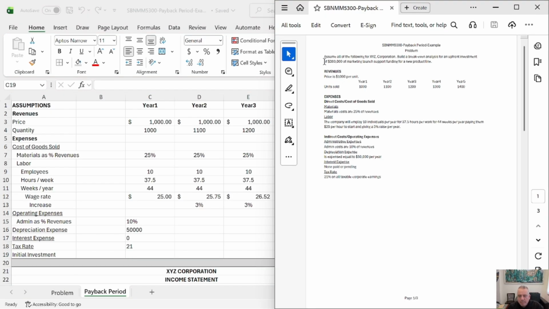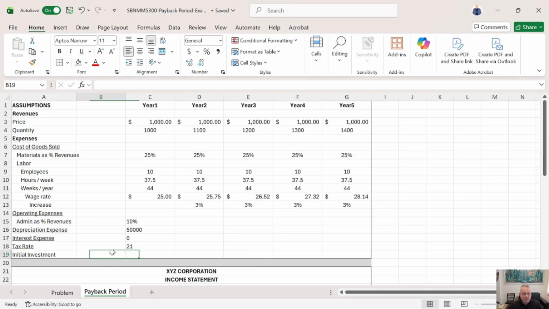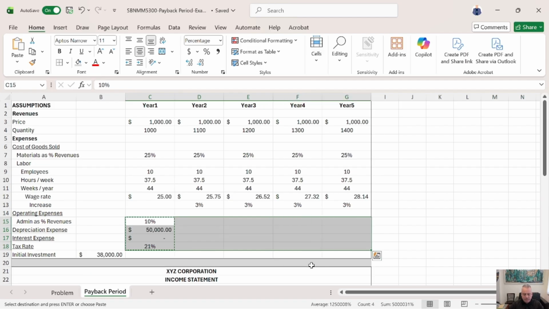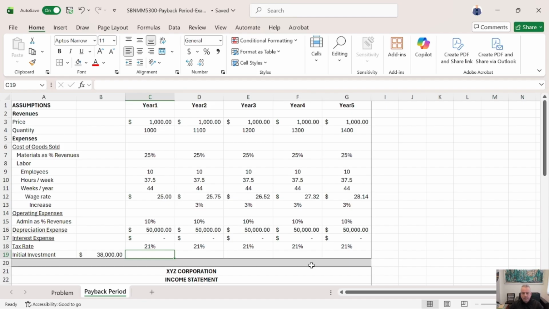And this was all on the basis of a $380,000 initial investment launch that I'm going to put over here in column B to indicate it's what kicks us off. So let's make these things into our formatted numbers, and we're going to put dollars around this one and that one, and then center that one, and copy these things all across so that we can have good looking assumptions.